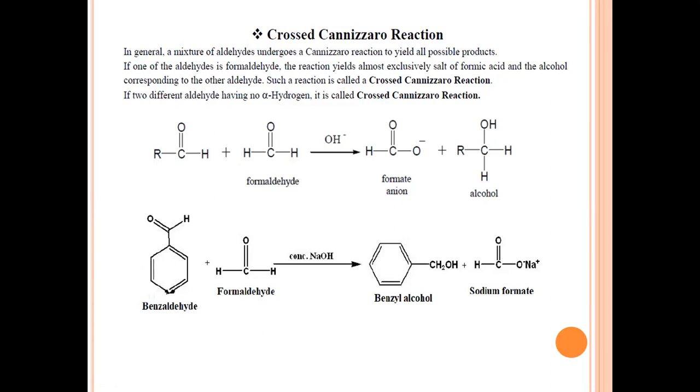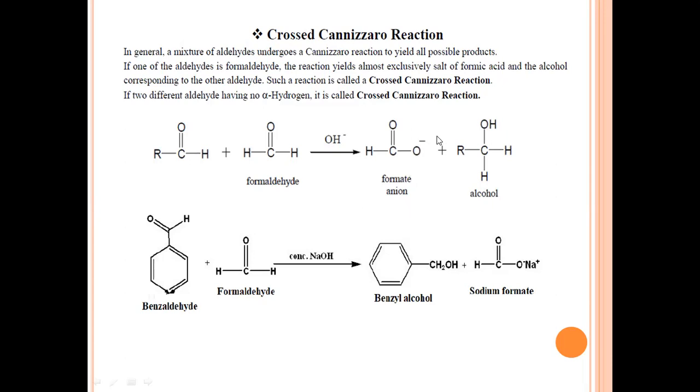Here also we are going to take a mixture of an alpha hydrogen containing aldehyde and an aldehyde with absence of alpha hydrogen atom. So when we take this mixed compound, it is going to form the carboxylic acid compound from the compound which doesn't have alpha hydrogen atom, that is formate ion, and alcohol.